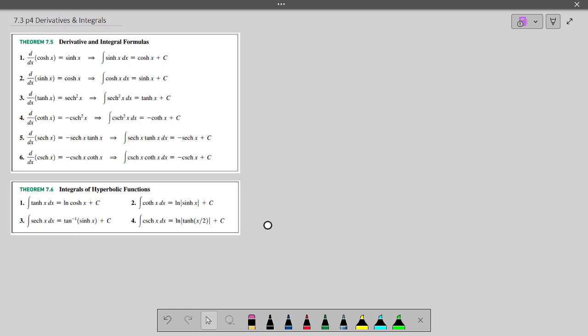They are very similar to the circular derivatives, but there's one major difference. When we look at our primary three, so sinh, cosh, and tanh, those are our primary three, just like sine, cosine, and tangent are the primary three circulars. Notice that their derivatives are all positive.